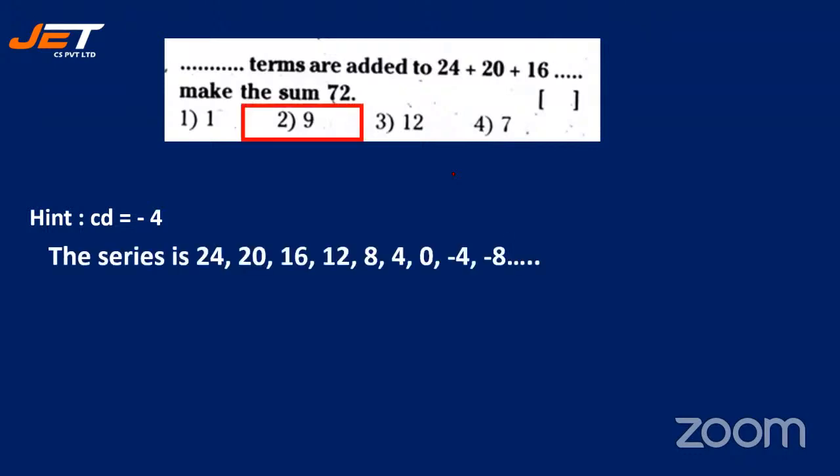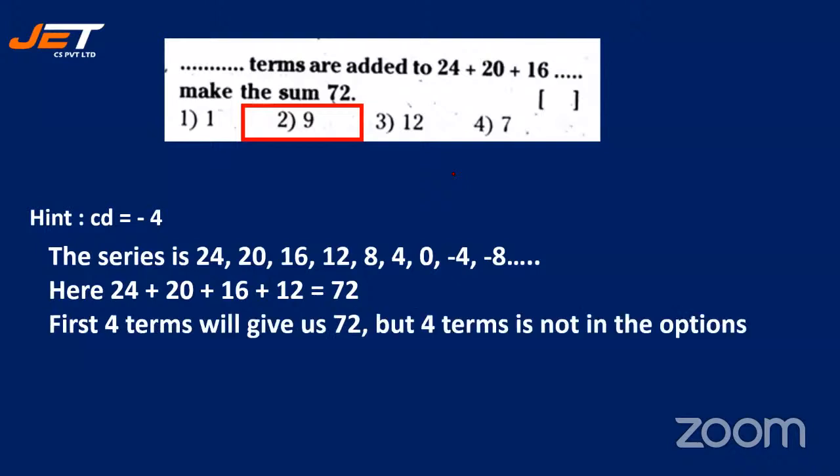That is 9. How? See the series 24, 20, 16 and so on. Okay. So now we have 24 plus 20 plus 16 plus 12 is equal to 72. All right.